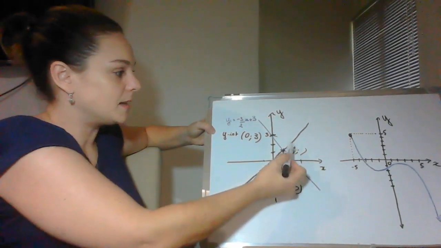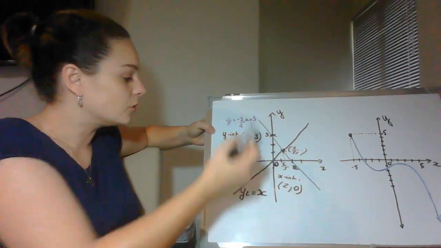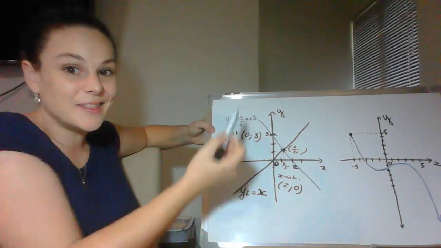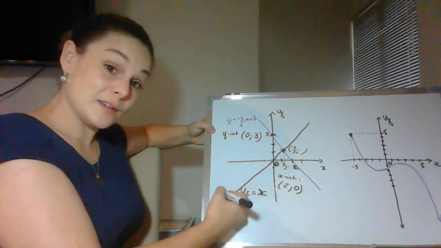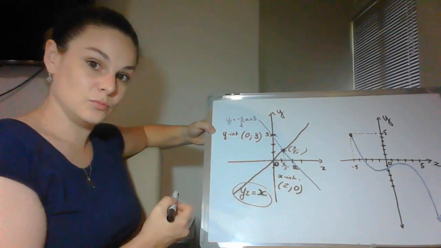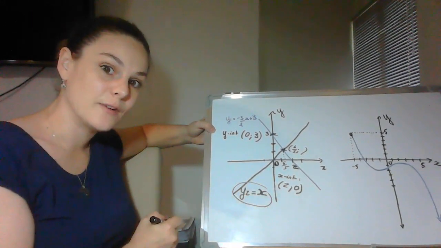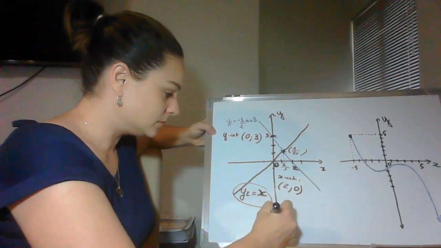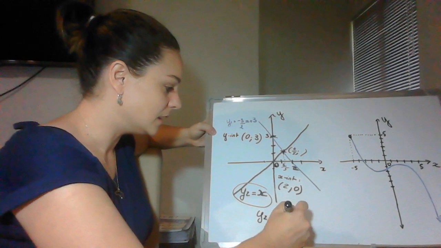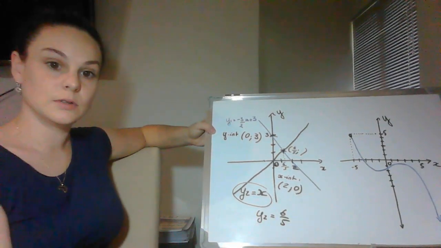I can substitute that x value in any of those two equations, because at this point they are equal. So I'm going to take the easy one, y2, to calculate the y value corresponding to this x. So y2 is equal to 6 over 5. That's it.